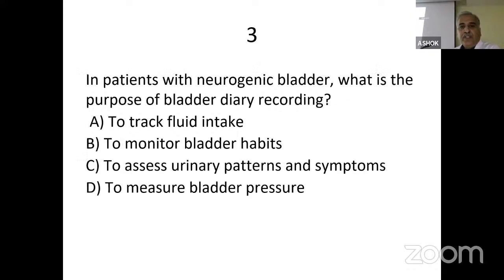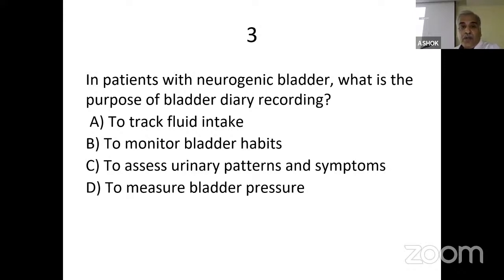In patients with neurogenic bladder, what is the purpose of bladder diary recording? This we missed. It's very important. While taking the history of the patient, I always ask the patient to keep a voiding diary because this is an objective assessment of the patient's own symptoms, which he might be missing.